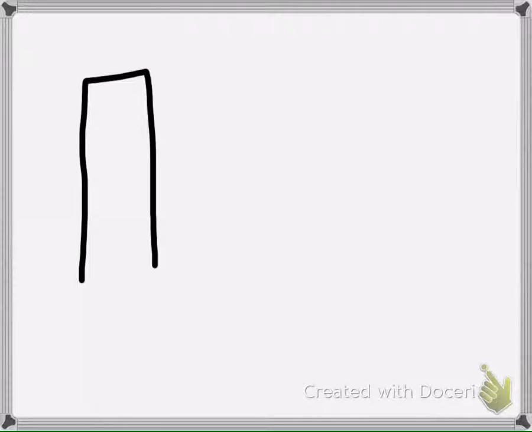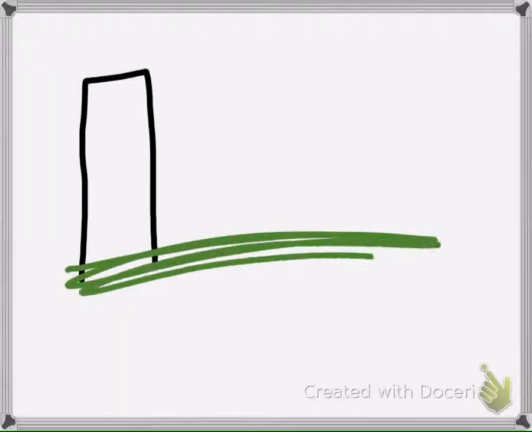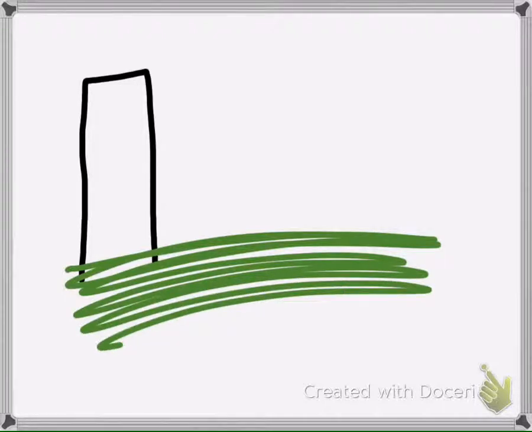Okay, so you need to be able to look at different word problems. For instance, maybe we have a building and some grass, and we're going to try to get up to the top of the building using this ladder. You need to be able to see a right triangle in pretty much any given situation.